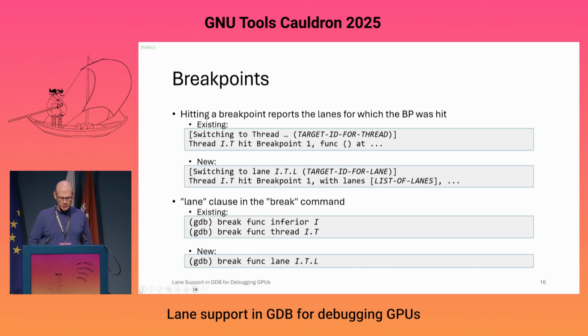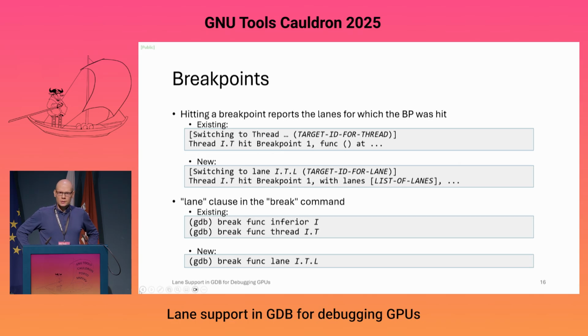So the line here would contain information about which lanes actually hit the breakpoint. And although they are executing in lockstep, there may be a breakpoint condition, and for some lanes, the condition may hold. For some others, it may not hold. So all the lanes for which the condition holds will be reported.